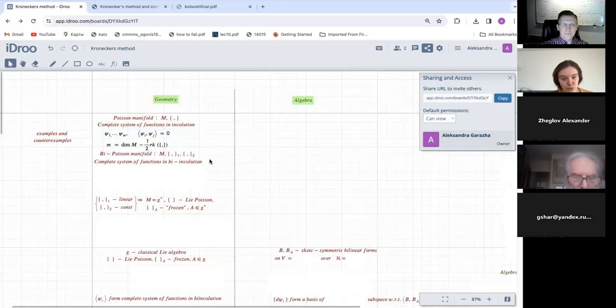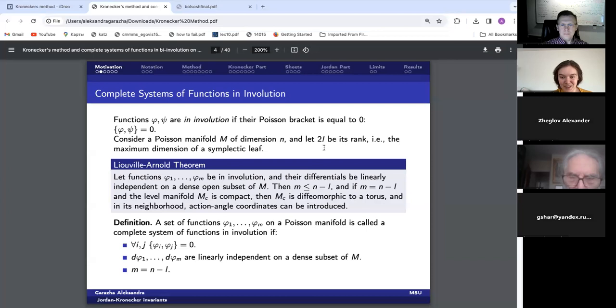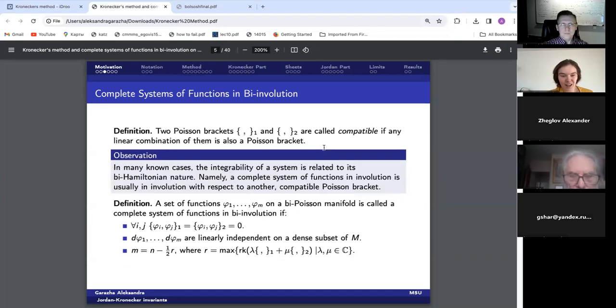Here we have an observation made by different scientists that in many cases, if we can integrate the system, it's because of its bi-Hamiltonian nature.